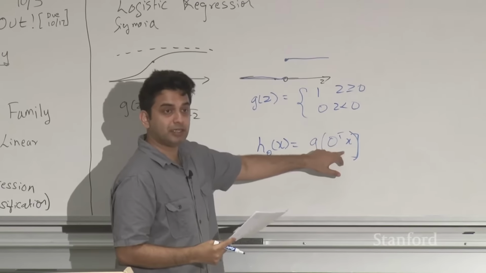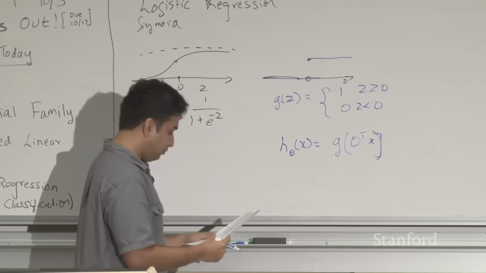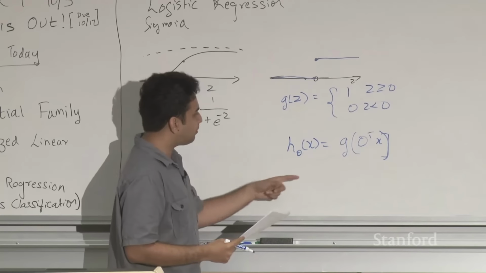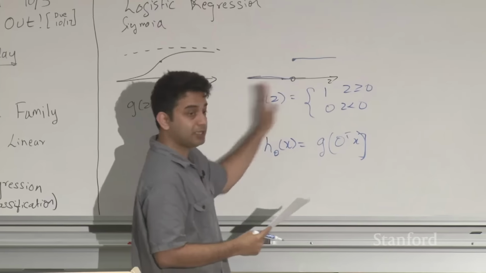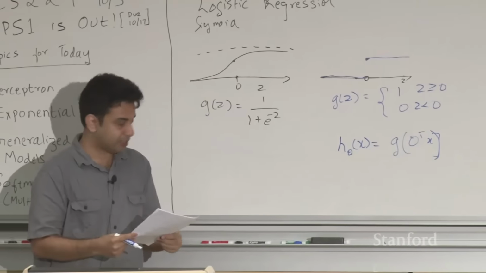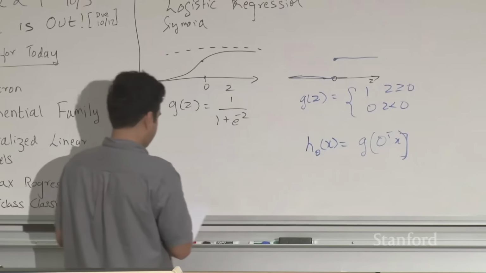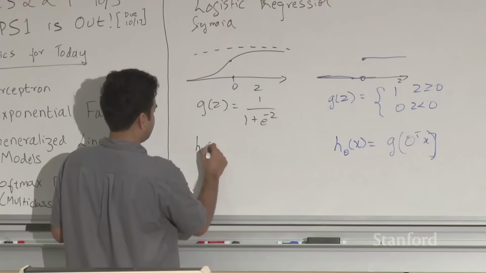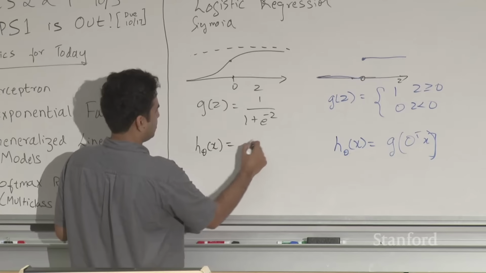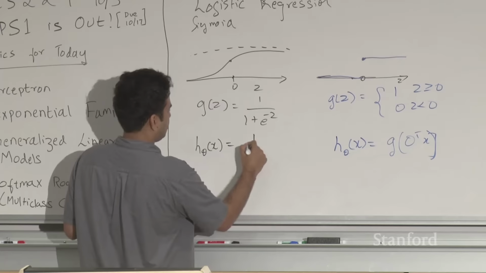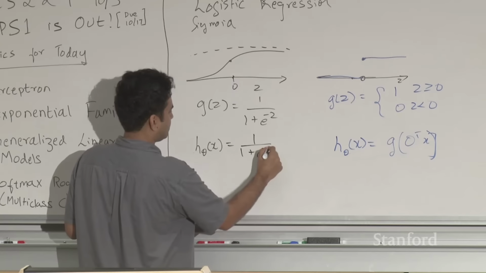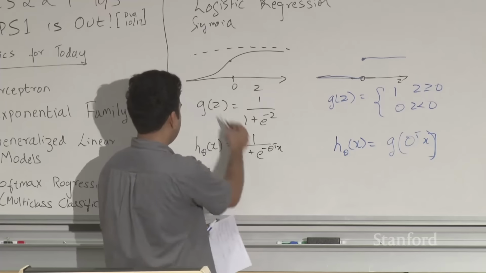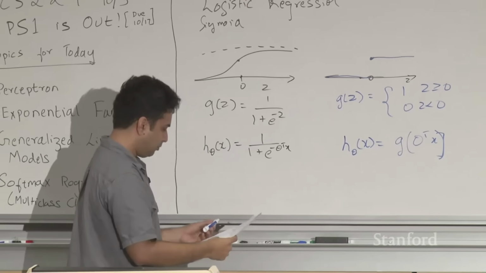Here theta is the parameter, x is the input, and h theta of x will be 0 or 1, depending on whether theta transpose x was less than 0 or greater than 0. And similarly in logistic regression, we had h theta of x equals 1 over 1 plus e to the minus theta transpose x, essentially g of z, where g is the sigmoid function.